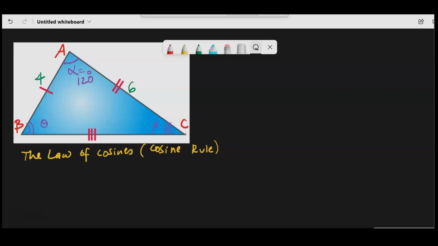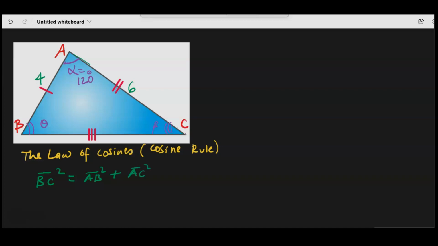So BC square must be equal to AB square plus AC square, sorry, minus 2 times AB times AC cosine of alpha in general.